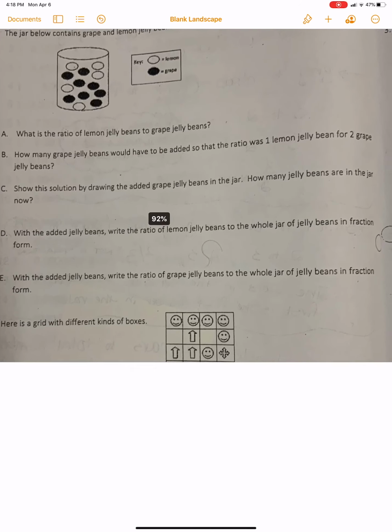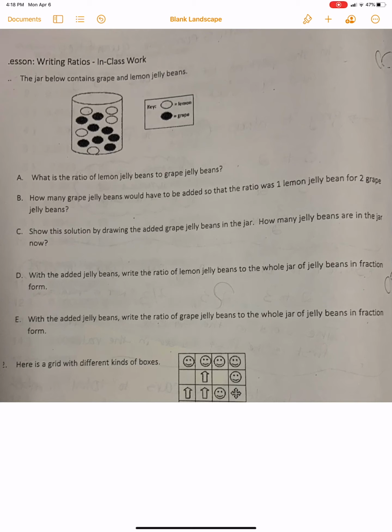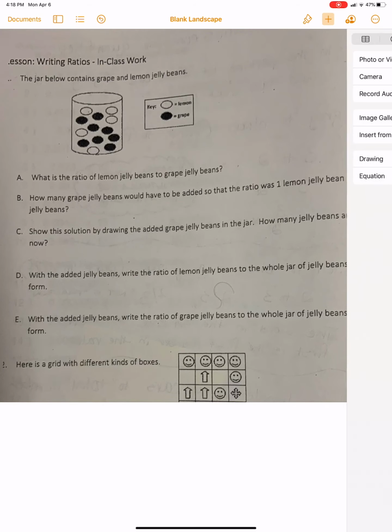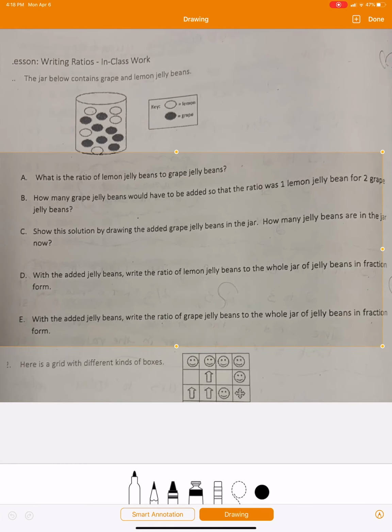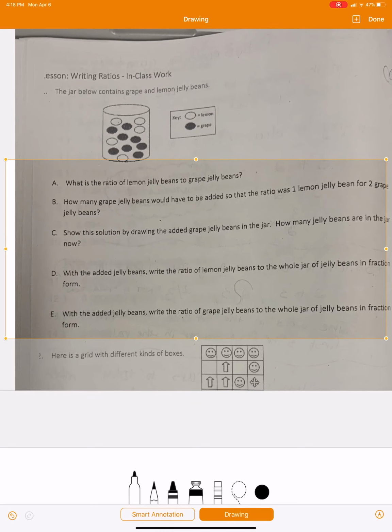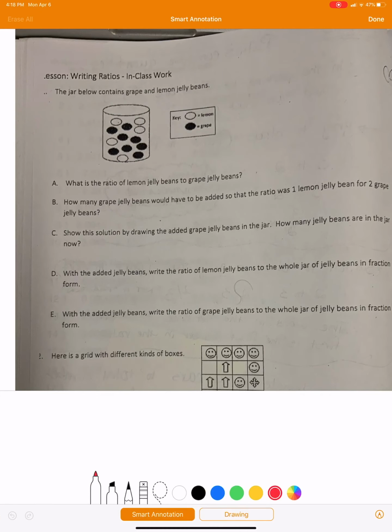All right. So let's look at this first one here. In this first one, it's given us some options to look at a couple different things. So what is the ratio of lemon jelly beans to grape jelly beans? The lemon jelly beans are the yellow ones.